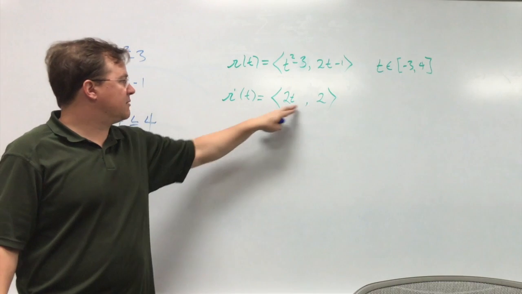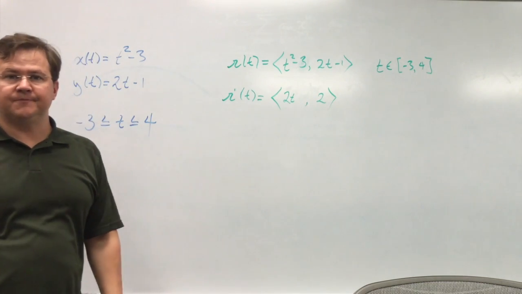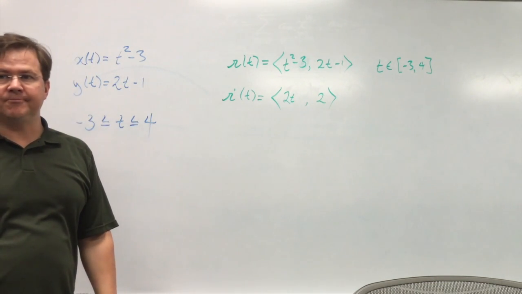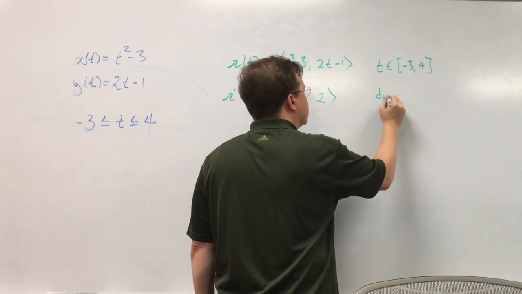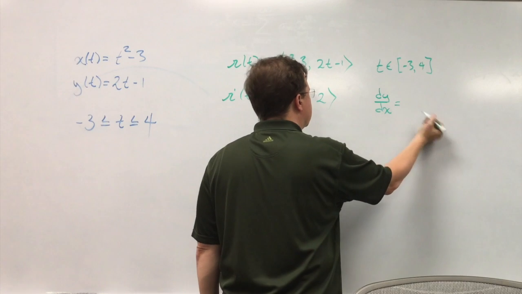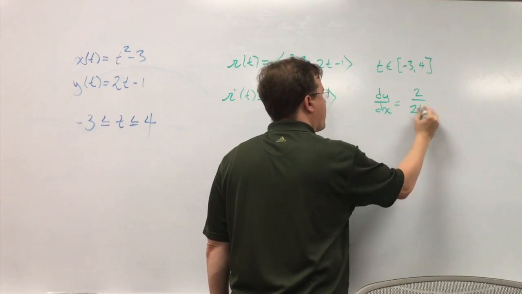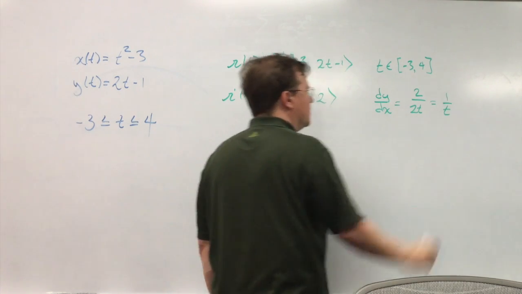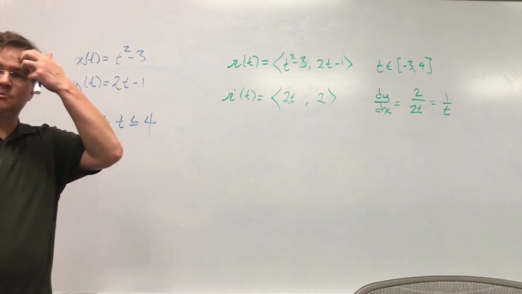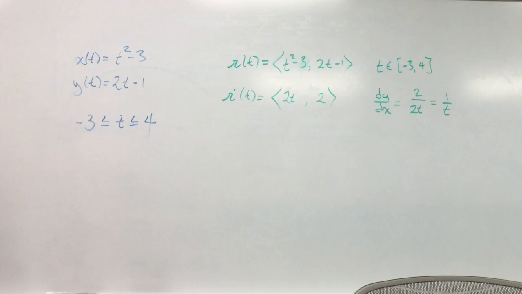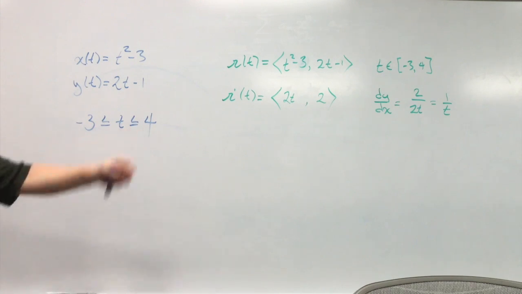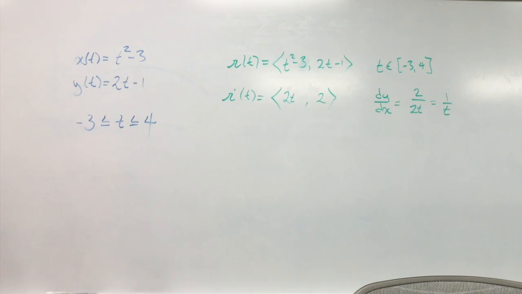It would be this divided by whatever that is. So in general, the tangent slope could be expressed in terms of the parameter as well.